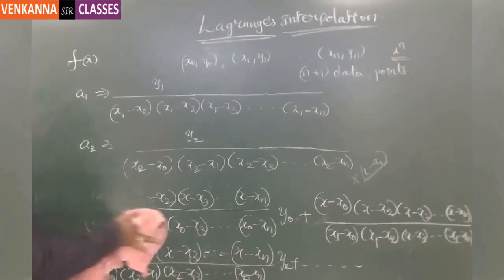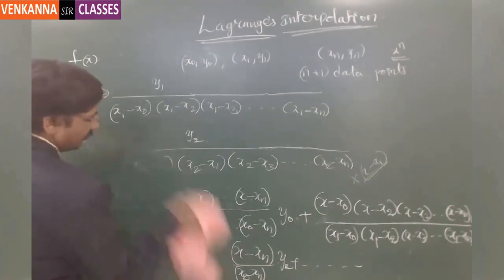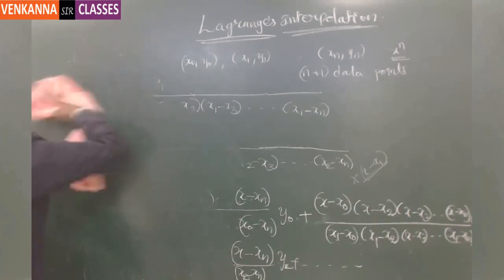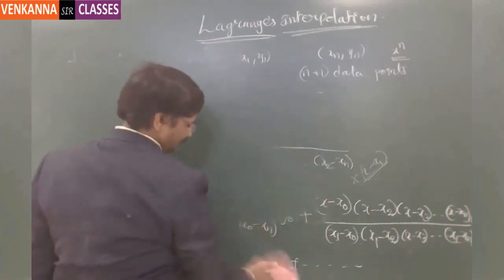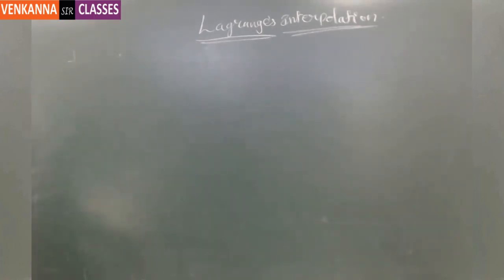So with this Lagrange's interpolation, we will solve 2-3 problems, and then we will go with numerical integration. So the data points are x and y here. For this, 5 and 150.